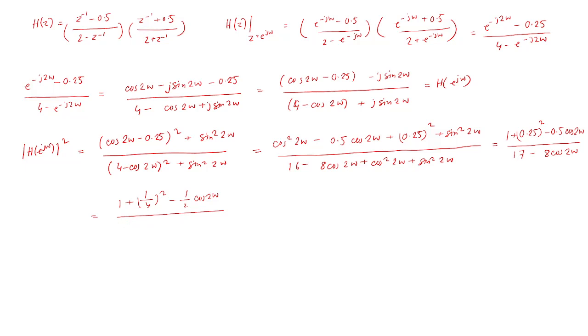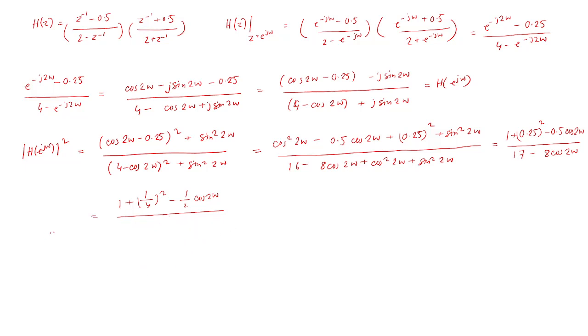Here if you take 17 common, you get 1 minus half cos 2 omega. Sorry, I written wrong here.